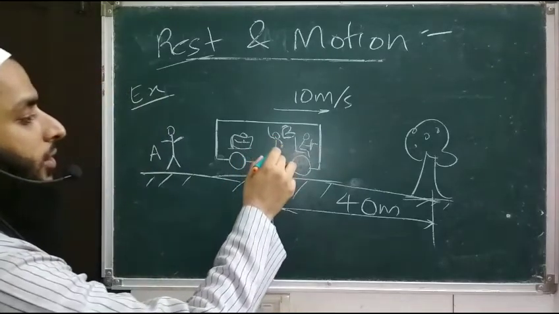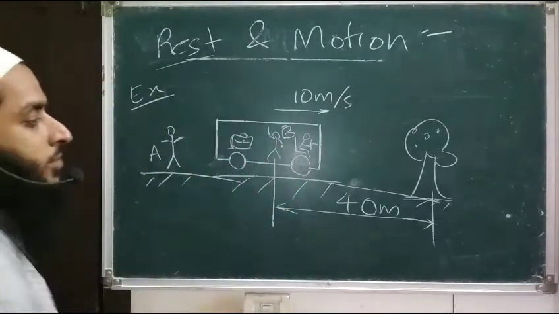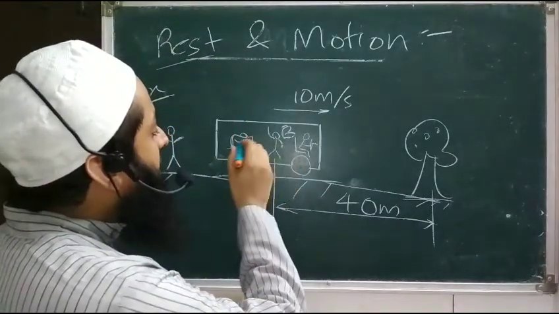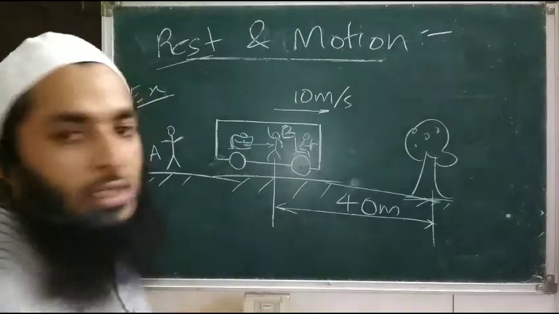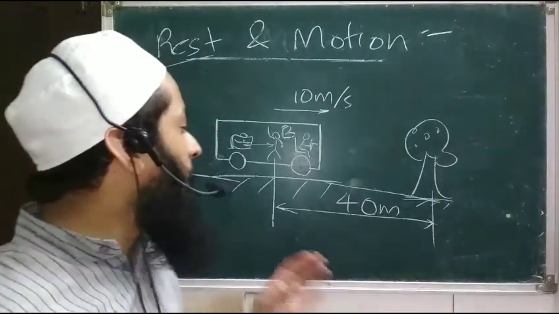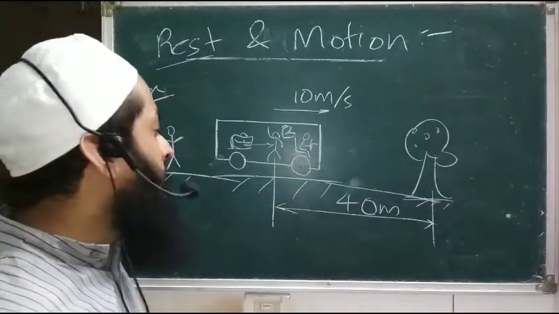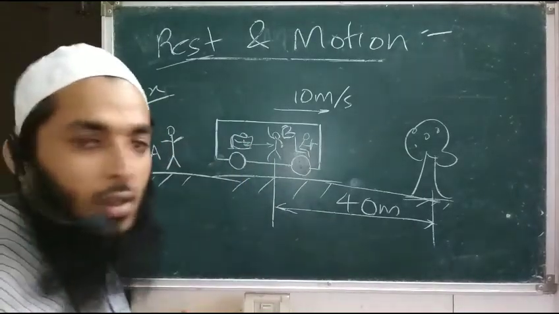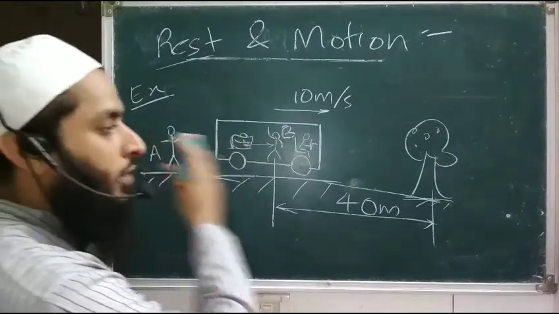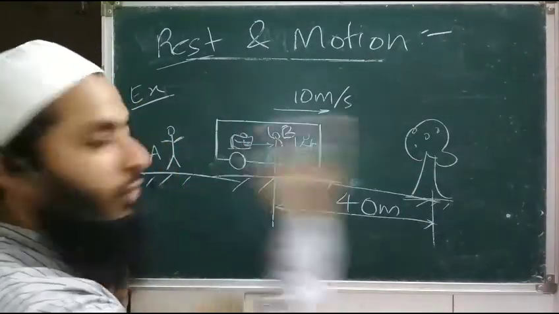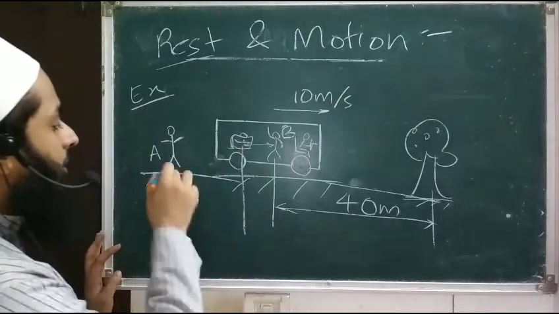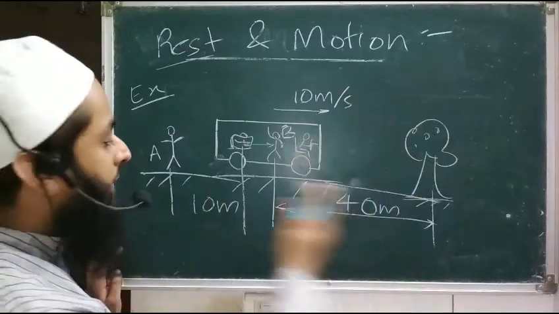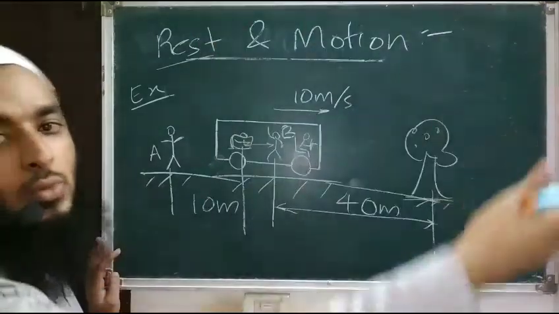Similarly, if you ask person B about this bag, he would say that the bag is not moving, it is stationary, because the distance between the bag and the person is not changing. At every instant it will be the same. But if you ask person A about this bag, what would he say? He would say that the bag is moving towards the right, or moving away from him, because the distance, say this is 10 meters at this point, after a second it will become 20, after 2 seconds it will become 30.